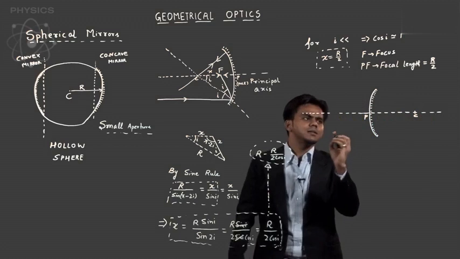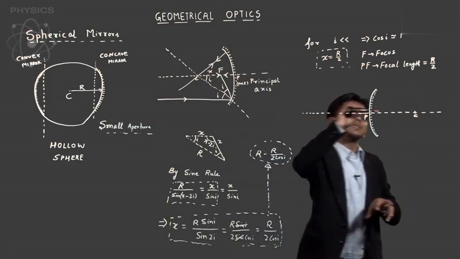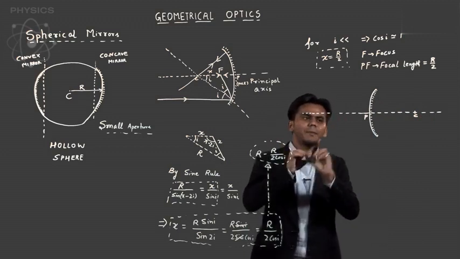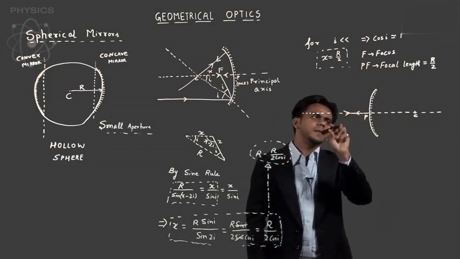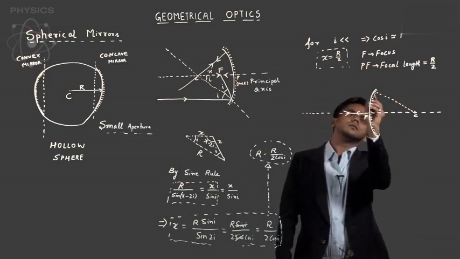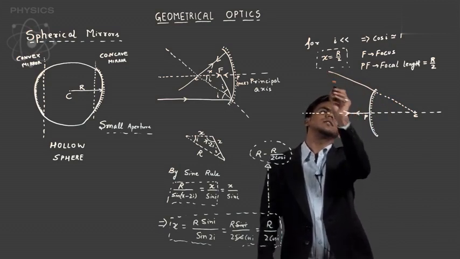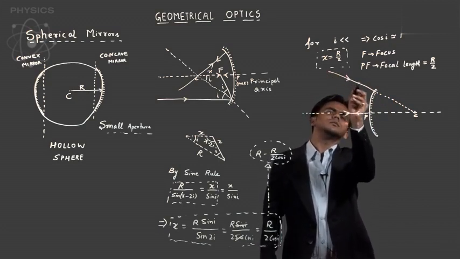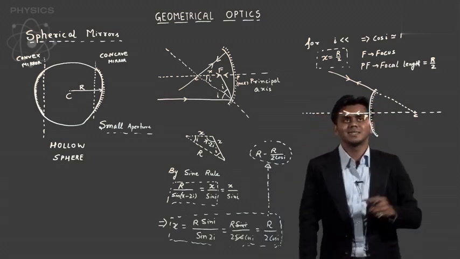Now if I pass a ray of light pointing towards the center of curvature, normal incidence, it will come backwards. So this reversibility, even if you point it in this direction, even then it would just revert back. This is because these two are normal incidence cases.